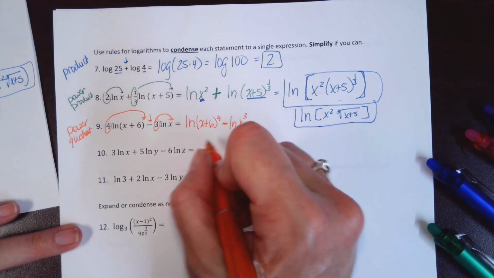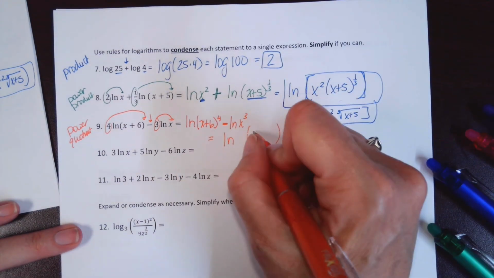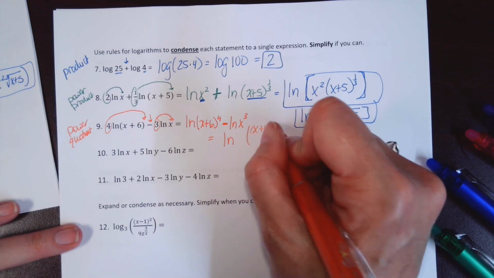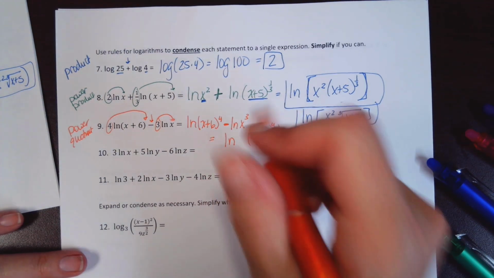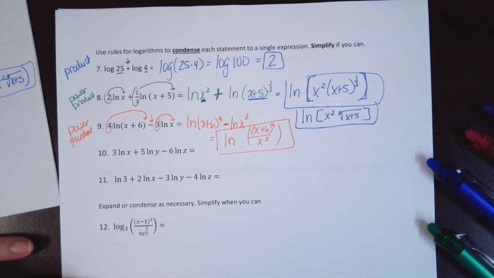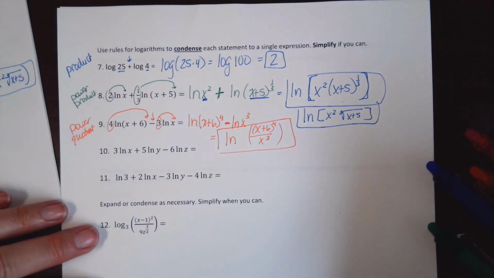Subtraction pairs with division, so that becomes natural log of, well, that's positive in my numerator, x cubed goes in my denominator. So natural log of, and then that big messy argument there. I'm running out of space, but we'll keep it color coded so maybe it makes sense.